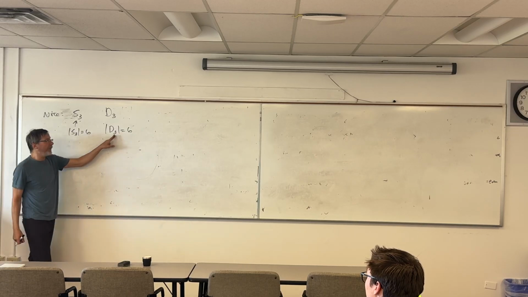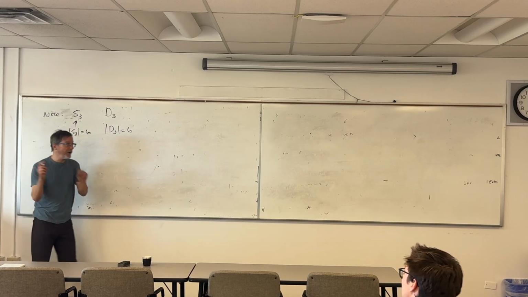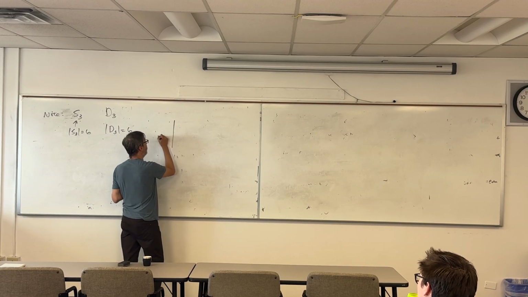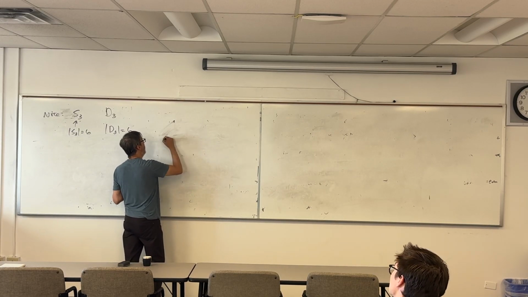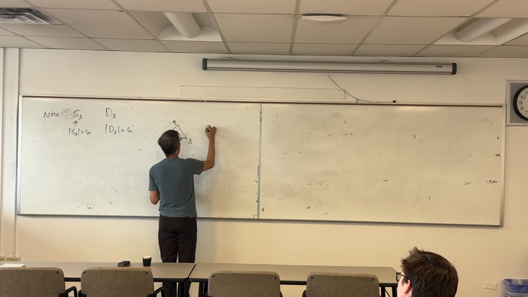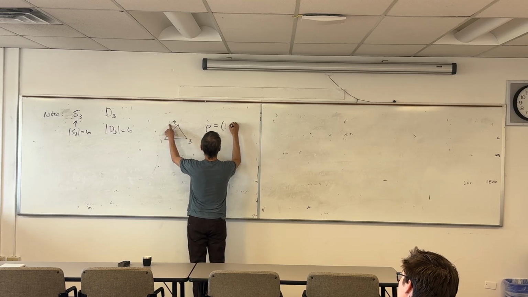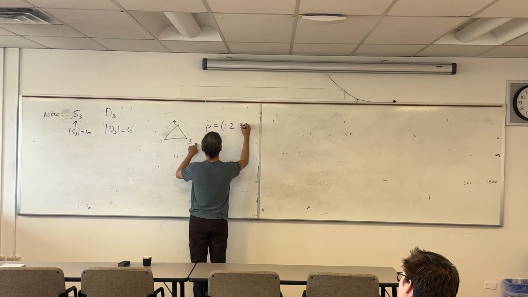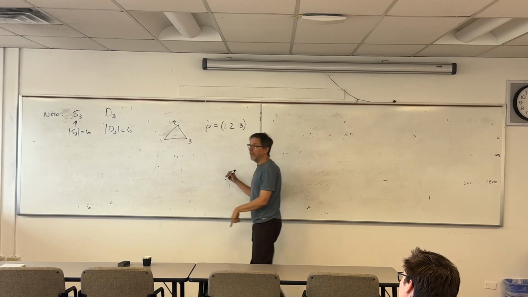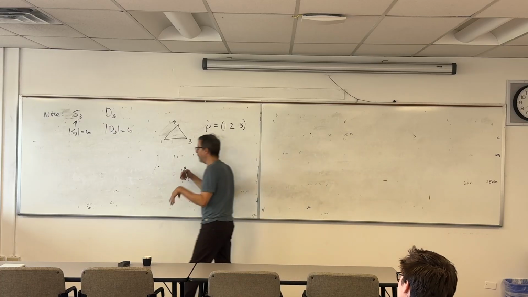Remember how we viewed this as a permutation of the vertices? Let me quickly refresh your memory on that. 1, 2, 3. If we had a rotation, that would be the permutation that takes 1 to 2, 2 to 3, and then 3 back to 1. So that would be rotation clockwise by 120.